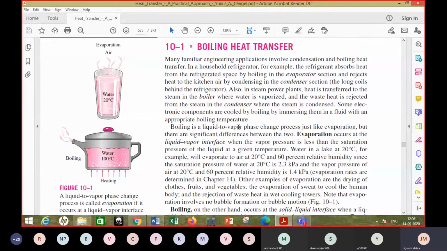Boiling and condensation are phase change processes, and along with the heat transfer, there is a phase change taking place for the fluid involved in the heat transfer process.